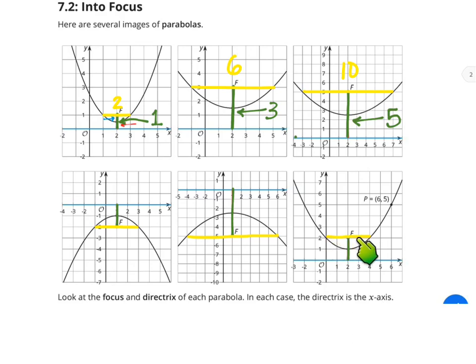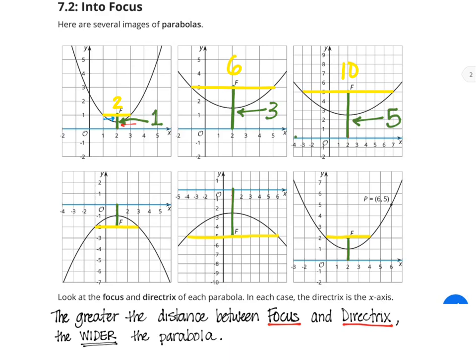This yellow line that I'm drawing goes straight through the focus, it's parallel to the directrix, and perpendicular to this line. This yellow line in each one of these has a special name. It's called the latus rectum. It's the distance across the parabola through the focus, and it is perpendicular to this line here.